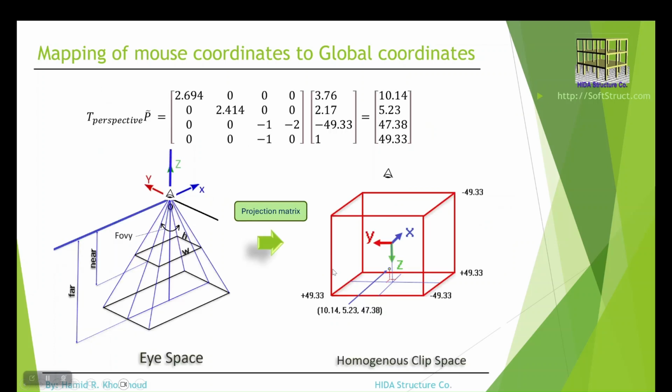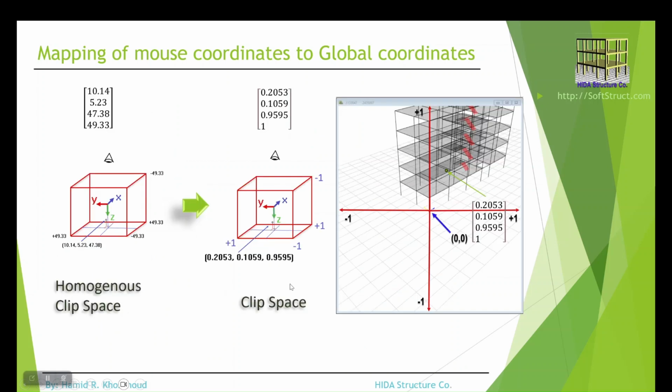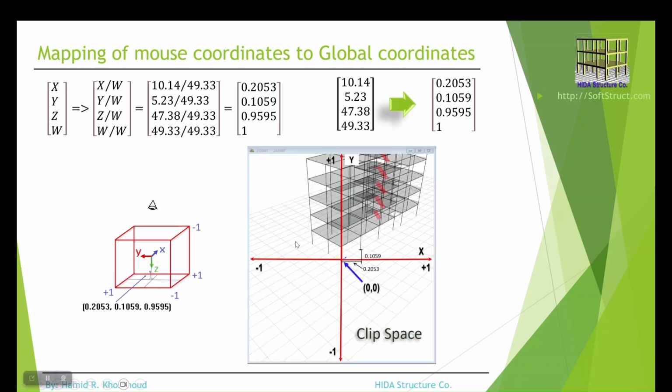The coordinate of the point in the homogeneous clip space will be calculated by multiplying the perspective matrix by the coordinate of the point in the eye space. Remember, our entire visible model is transferred into a cube with a length of 49.33 meters. In the next step, we will transform the homogeneous clip space into a clip space with a length of 2.